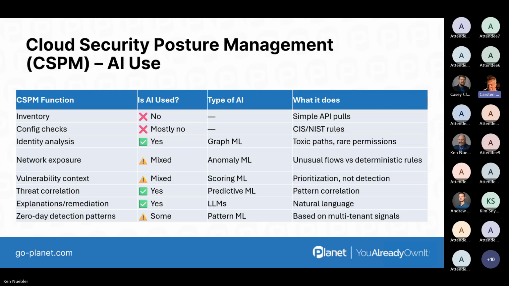Again, we are sharing signals with Graph, the Graph Security API, and because of that, there is correlation happening. The vulnerabilities: there is machine learning when it comes to vulnerabilities. So the vulnerability scanning results are being evaluated based on a machine learning ability.